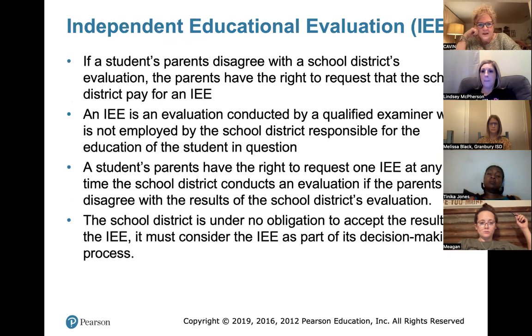Now, the IEE will be conducted by someone outside the school district that's qualified, and the school district can present the family with a list of qualified examiners, but the family doesn't have to choose from that list. They can choose someone of their own liking, but the district has to approve of that person. So you can't just go choose the most expensive person. The district and the family have to agree on that person.